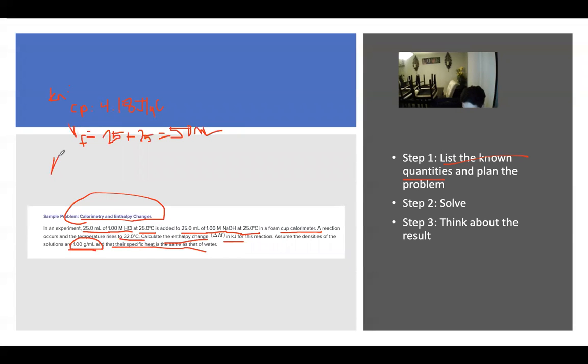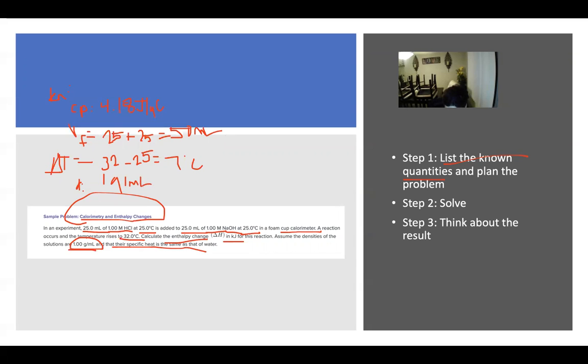Our change in temperature is 32 minus 25, which is 7 Celsius. Our density is 1 gram per mL, that was given to us.